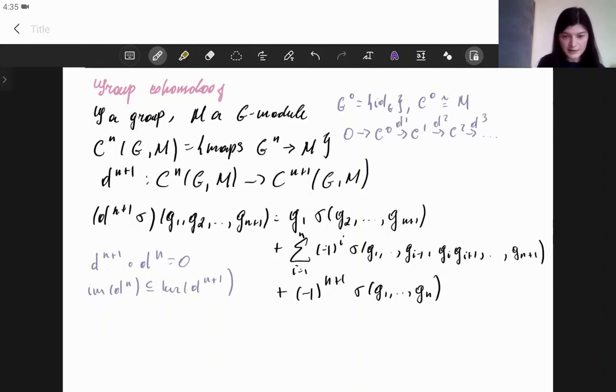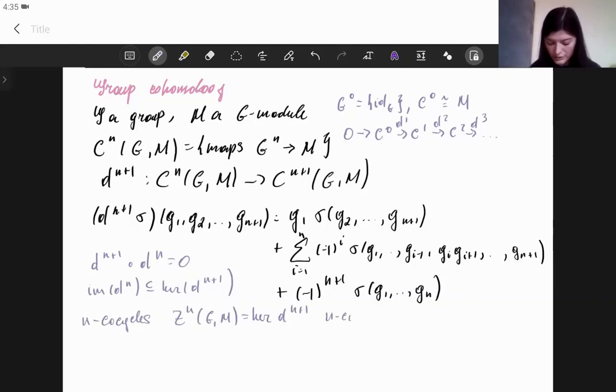So we can define the following submodules. The n-cocycles Z^n(G, M) to be the kernel of the d_{n+1} map, and the n-coboundaries, denoted by B^n(G, M), to be the image of d_n.